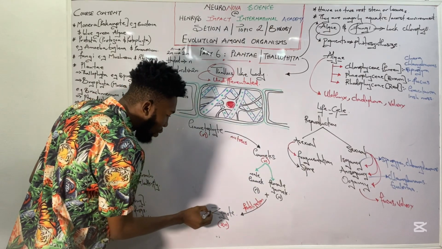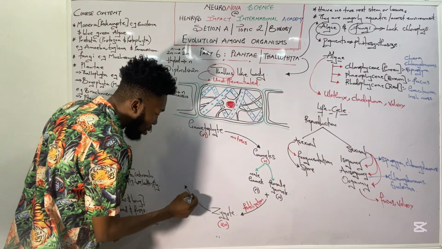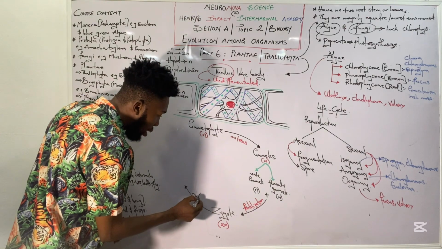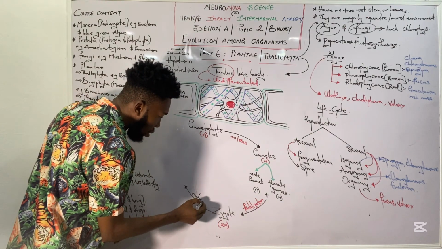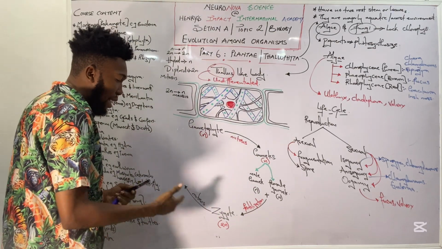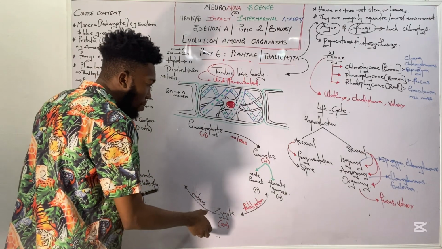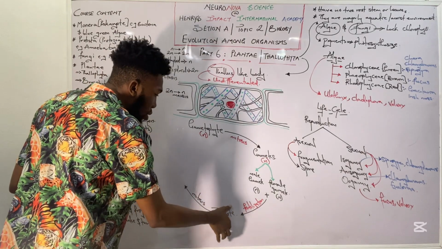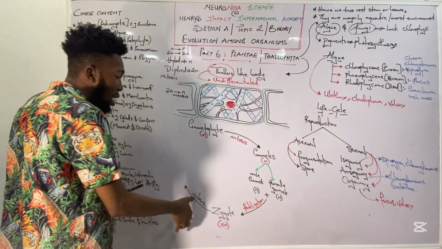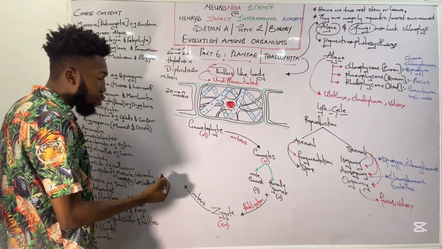The next thing that is going to happen is mitosis. So we have mitosis. And what is mitosis going to be doing? Mitosis is always going to generate what? Identical number, right? So it simply means that we're going to be having the zygote. From the zygote stage, it will develop and mature via mitosis into what we call the sporophyte itself.